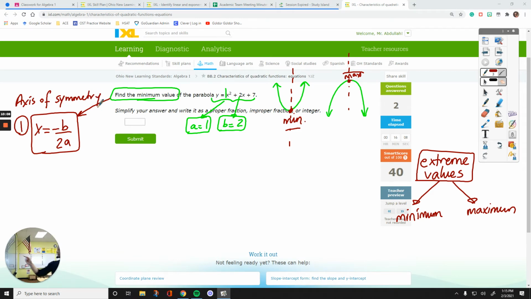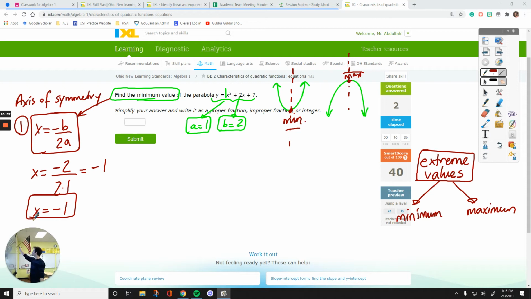So let's just figure it out. x equals negative b, which was positive 2, plug it in, divided by 2 times a, which was 1. If you divide negative 2 by positive 2, the answer is going to be negative 1. So basically, x equals negative 1 is that dotted vertical line that's going to cut your whole graph in 2 equal pieces. We are talking about an upward graph, okay?